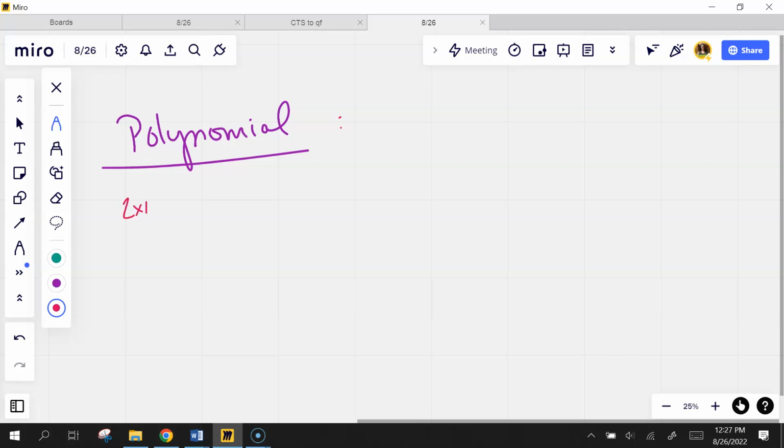Okay, 2x plus 1, that is a polynomial. I haven't even looked it up yet. Give me another one. X squared plus bx. Okay, x squared. That is a polynomial.